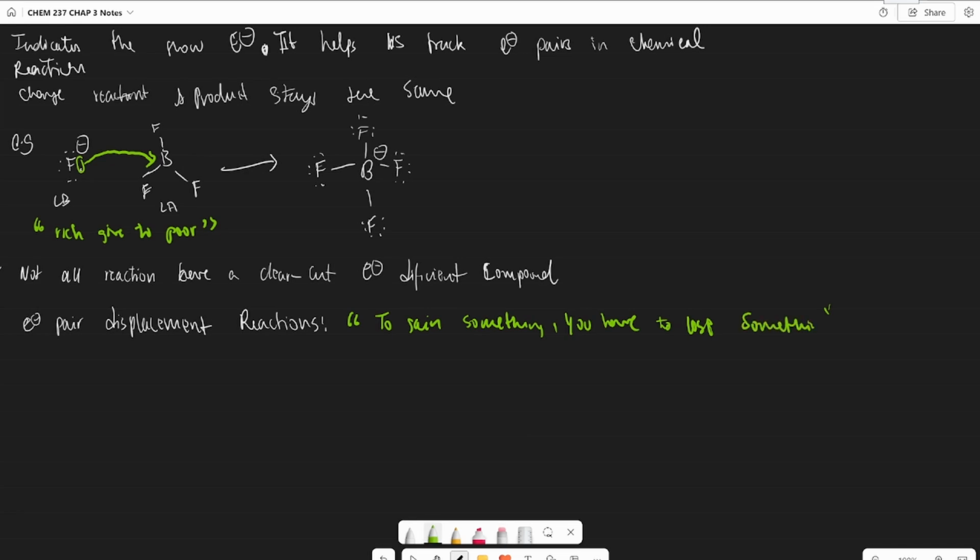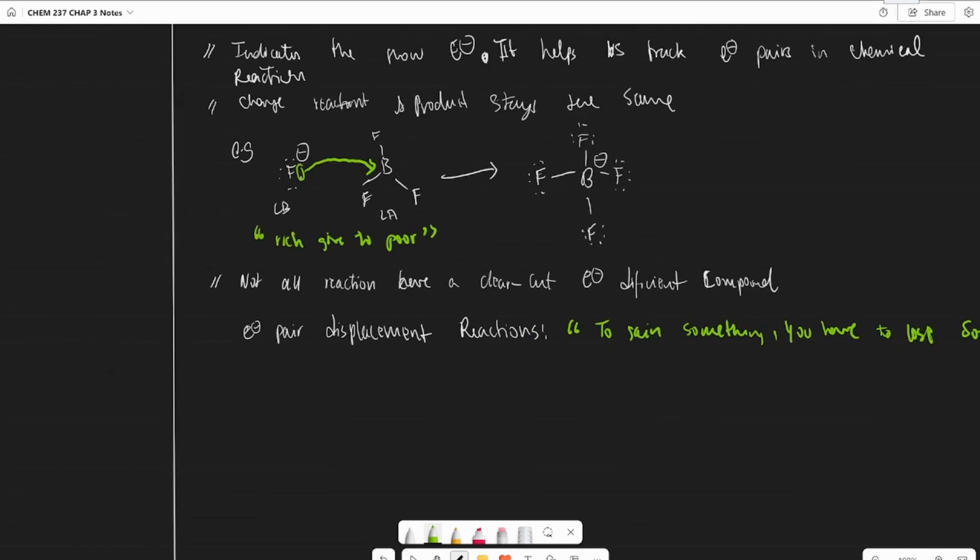With these displacement reactions, for example, you have ammonia and methyl bromide.